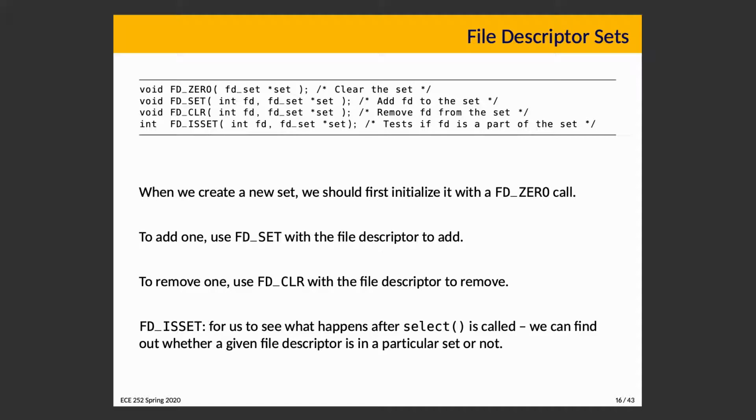Now, FD_ISSET, I mean, it's not likely that we're going to forget whether we put a socket in there. The real purpose of FD_ISSET is for looking at what select returns. We can find out whether a file descriptor is in a set by checking against the returned value with the FD_ISSET function.